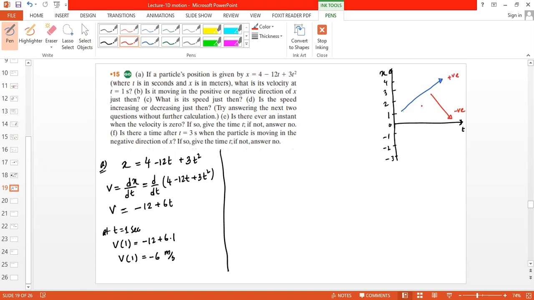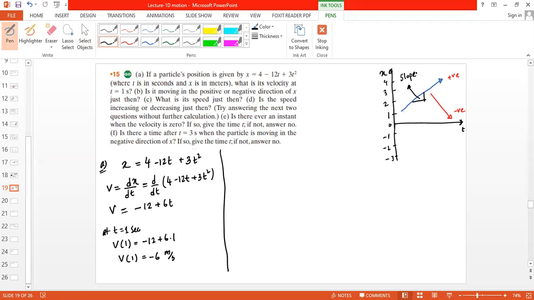Now, from this equation, how can I figure out whether the object is moving in positive x direction or negative x direction? The easiest thing is to take a slope. For this line going in positive x direction, will the slope be positive or negative? Positive.